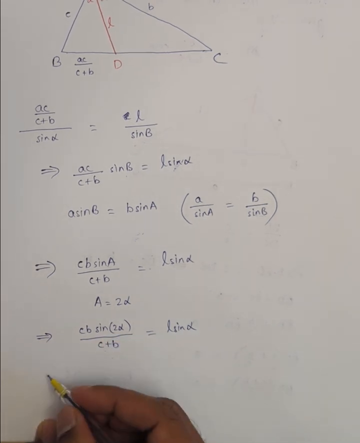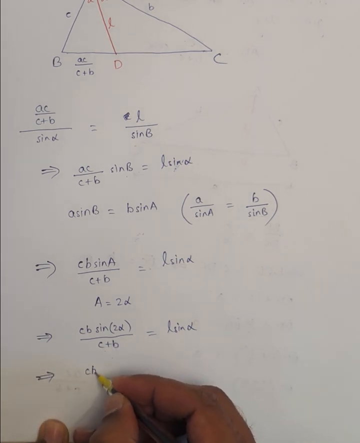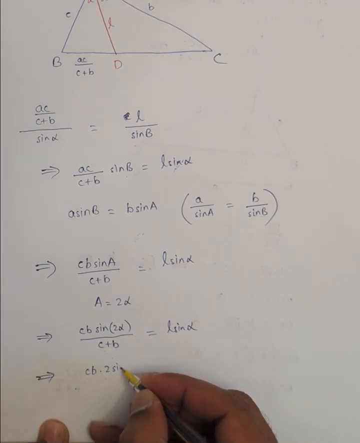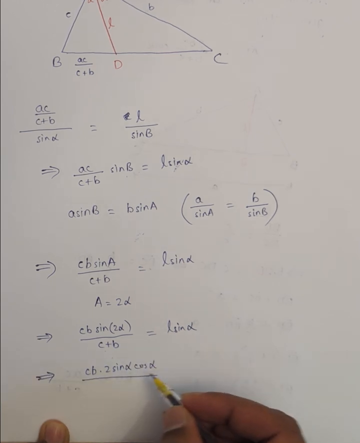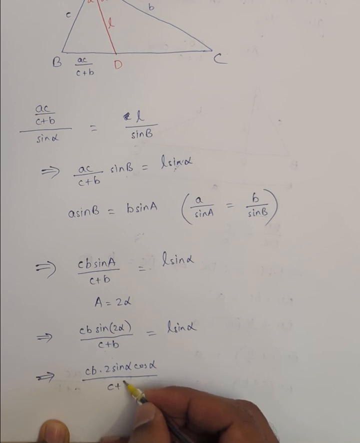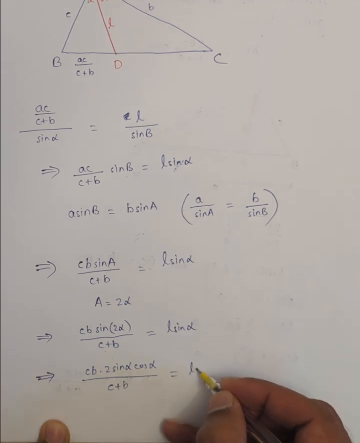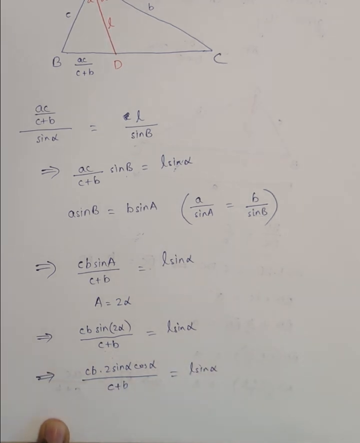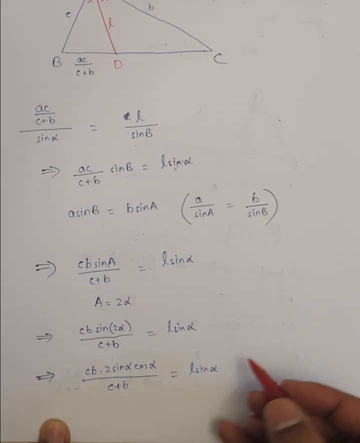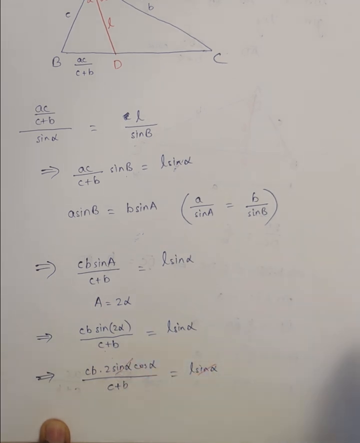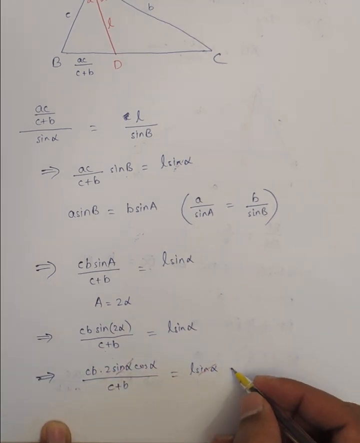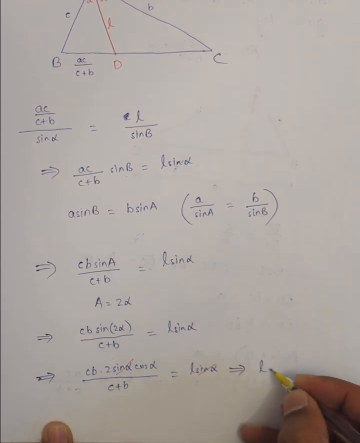From the double angle identity, we know sine 2 alpha is 2 times sine alpha times cos alpha. Now you can see that there's a common factor of sine alpha on both sides. You can cancel that. It's like dividing both sides by sine alpha, and we obtain the required result.